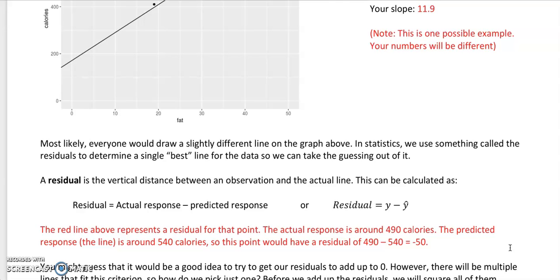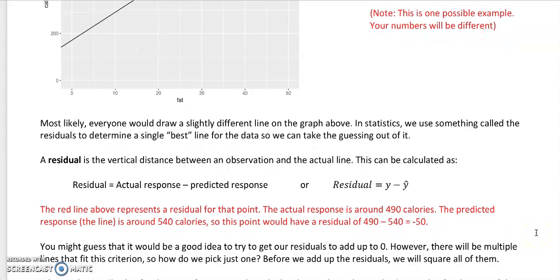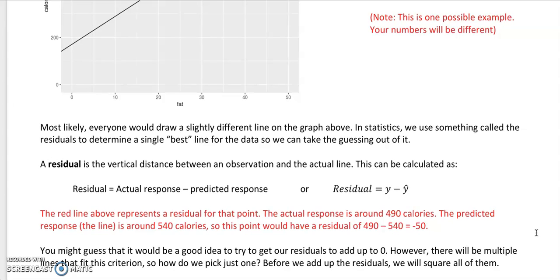So one trick that we use a lot in statistics, and you've seen something like this with the variance and the standard deviation before, is we take each of those residuals and square them all. Now anything that was negative gets turned positive, and so we don't have to worry about the numbers canceling out and adding to 0. So we're going to square every single residual, and then add those up. If our line is really close to our points, we should get a small sum of the squared residuals.